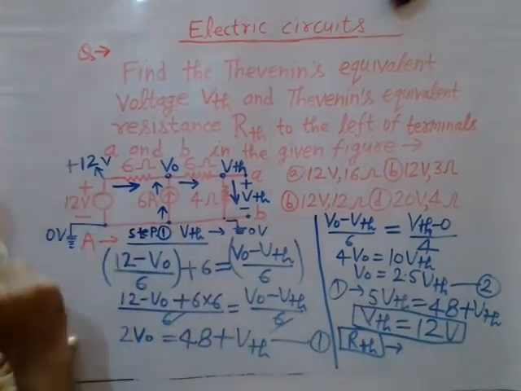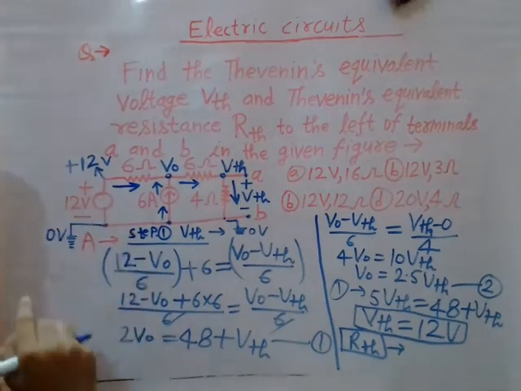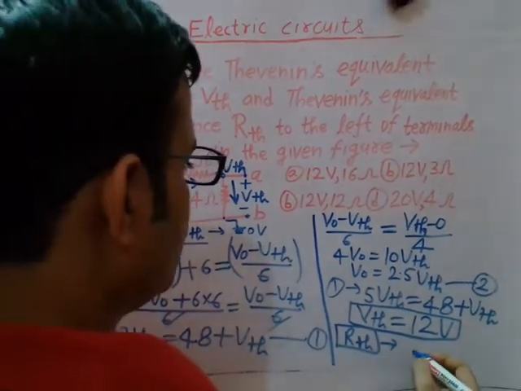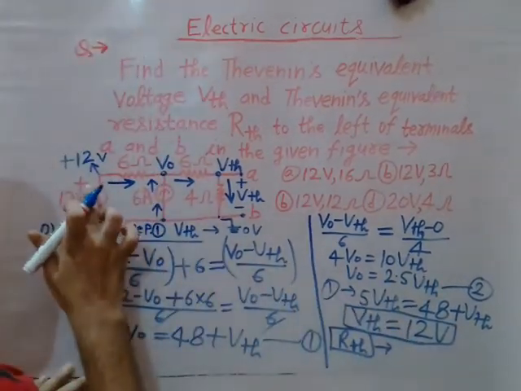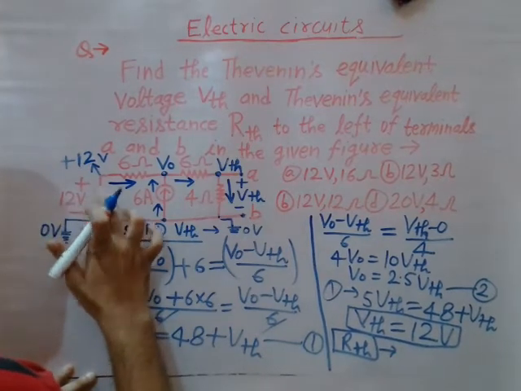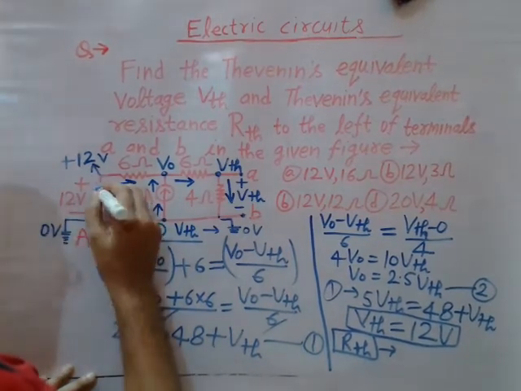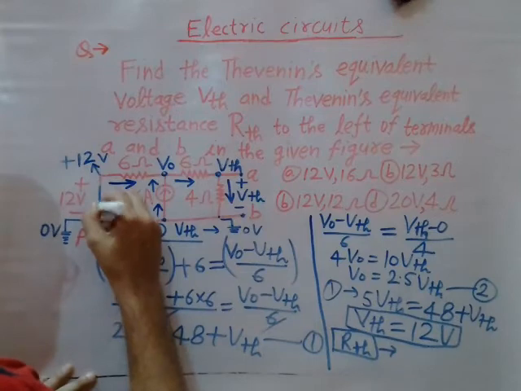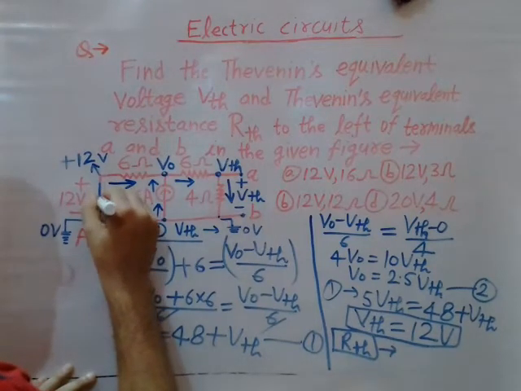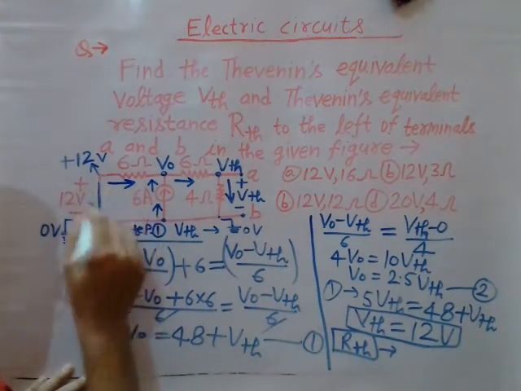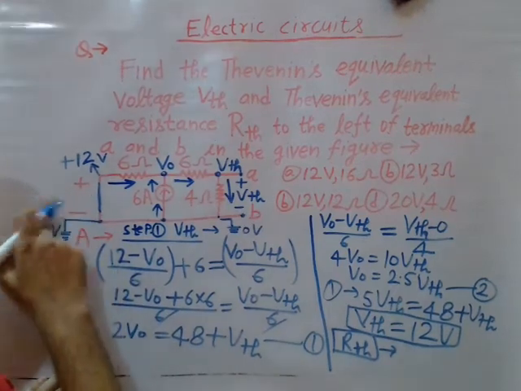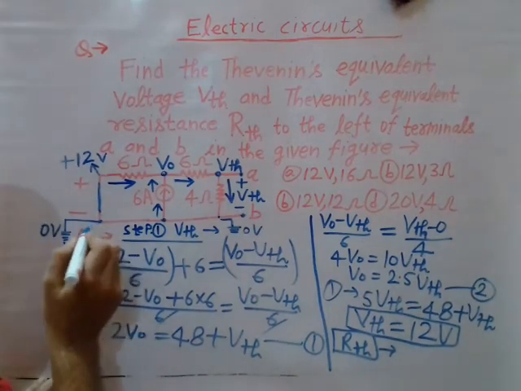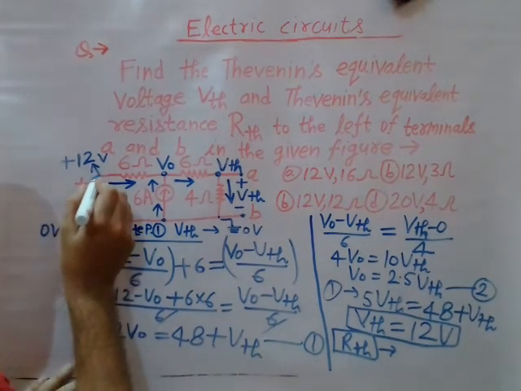So here, when you make it short circuit, then the circuit will be something like this. I am shorting this, right? See here, I am shorting this. So when I short this, effect will be nullified, right? That means this potential is 0 now, this is also 0 volt, right?